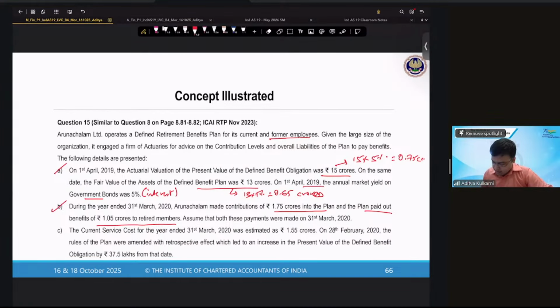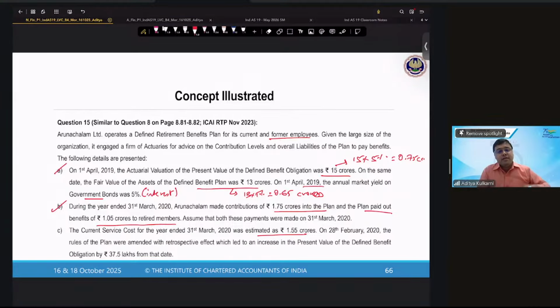The current service cost for the year was estimated at 1.55 crores. What will happen with current service cost? What will be the effect on the obligation? It will increase the obligation, because the employee has worked for the full year. He gets entitled to the obligation.